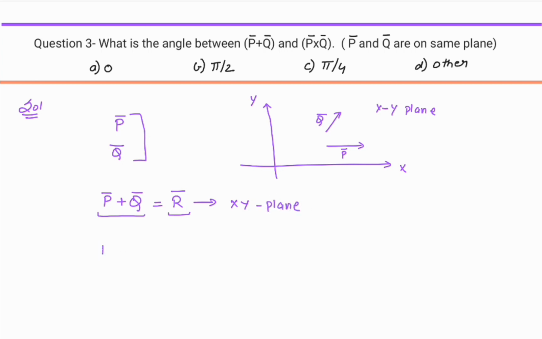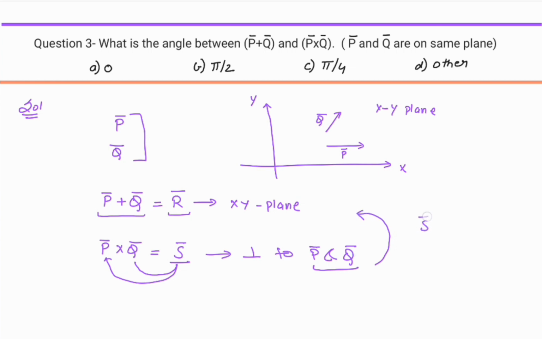Now what about vector P cross vector Q? Suppose the result is vector S. We know when we do a cross product of two vectors, the resultant vector is going to be perpendicular to both the given vectors. It means this is perpendicular to P and perpendicular to Q. It means the resultant S is perpendicular to the xy plane.